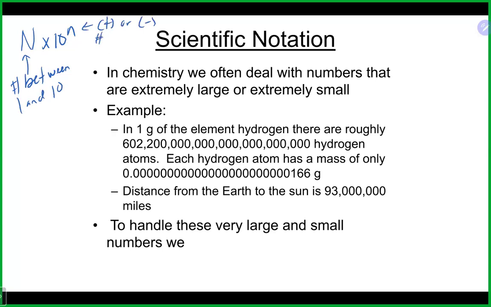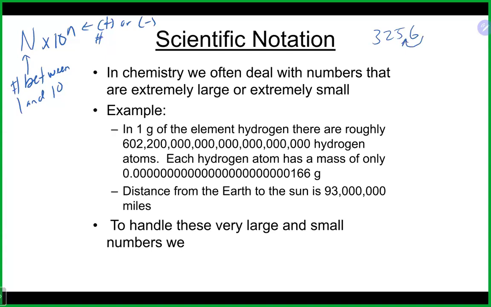And that really depends on how many places you need to move the decimal point to get to a number between 1 and 10, and which way you move the decimal point as to whether or not it's going to be positive or negative. So if I have something like 3256, and I want to write this in scientific notation. Now, in this particular case, there is no decimal point written, but we usually would assume that the decimal point in this case would be at the end, right? So in this case, we would move the decimal place one place to the left.